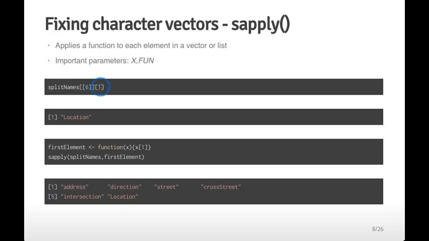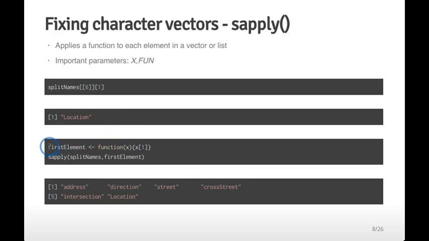If we select just the first element of that character vector, we can see that it's location. So we would like to loop over each of the names in the character vector and just select the first component of the list that results.